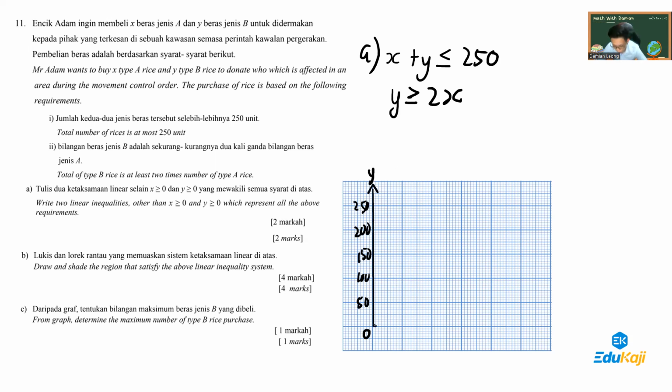Y and X here also 50, 100, 150, 200, 250. So x plus y equals 250. When y is 0, x is 250; when x is 0, y is 250. So from 250 here, go until 250 here.